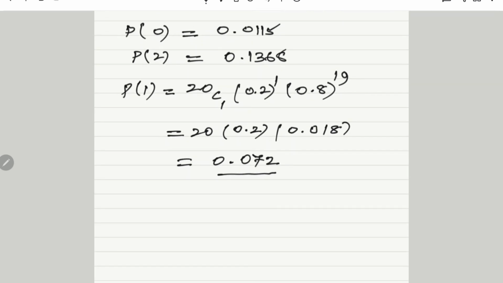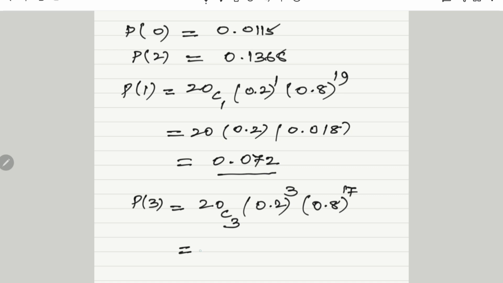And P of 3, when R is 3, it is NCR 20C3, 0.2 raised to 3, 0.8 raised to N minus R, 20 minus 3, we get 17. And therefore, by calculator, 20C3 is 1140.